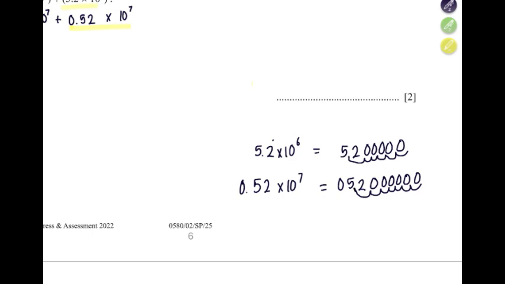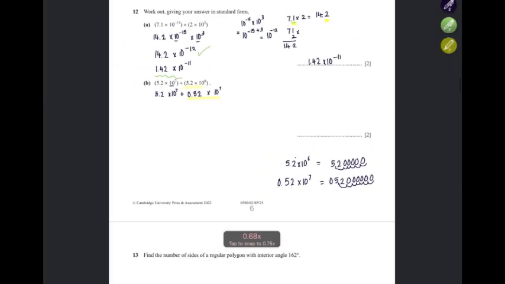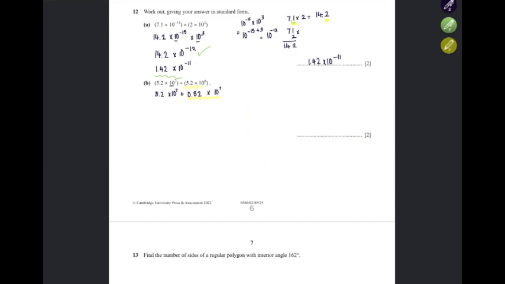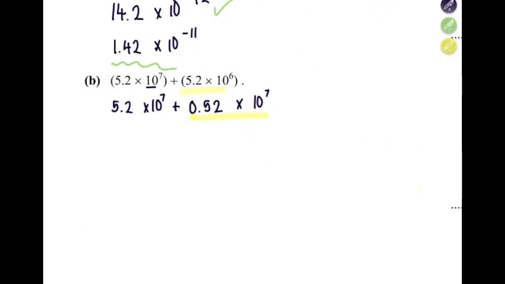They're both equal, they just have different powers. You don't need to do all that. I just did that to explain it to you guys.